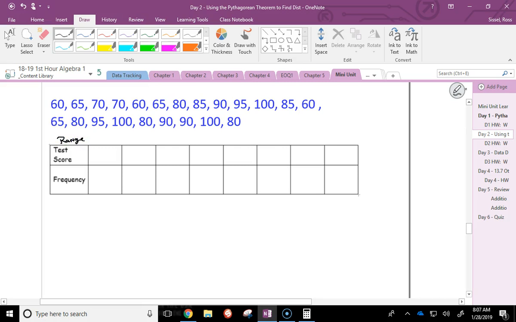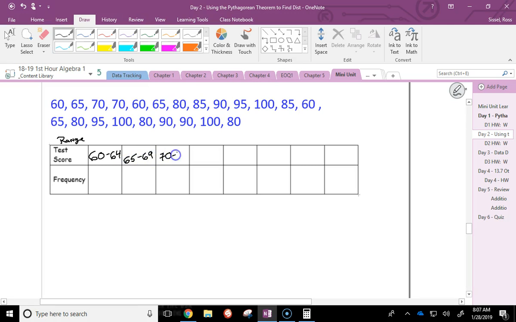So, for example, I'd find my smallest number, which is 60. In this box, I'd say anything between 60 and 64. My next box, we would say 65 to 69.